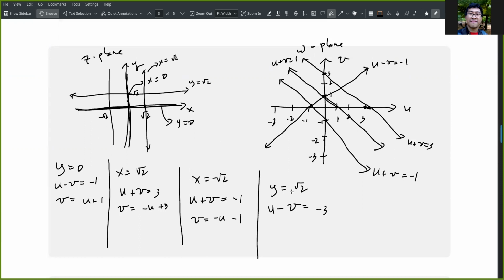Okay, here on the w plane, it becomes v equals u minus 3, so positive slope, passing through v equals minus 3 here. Yes, like this.